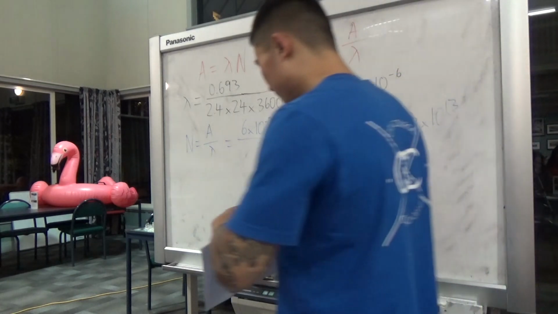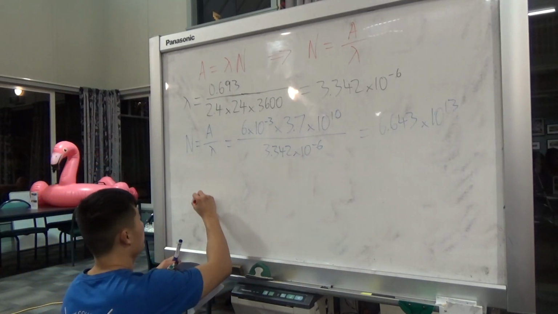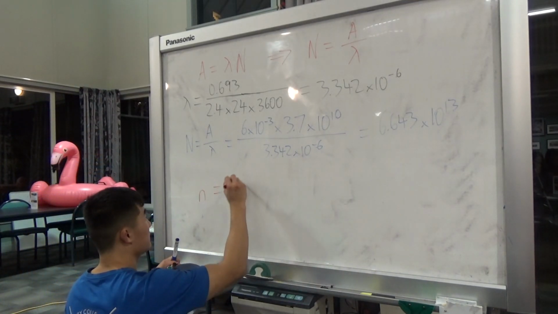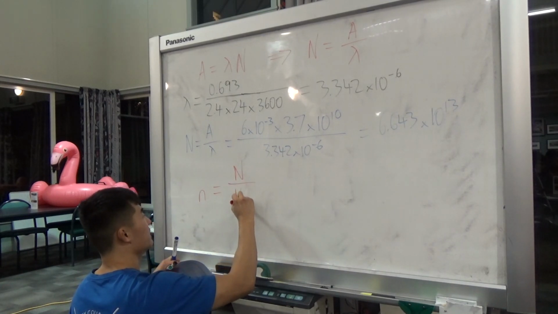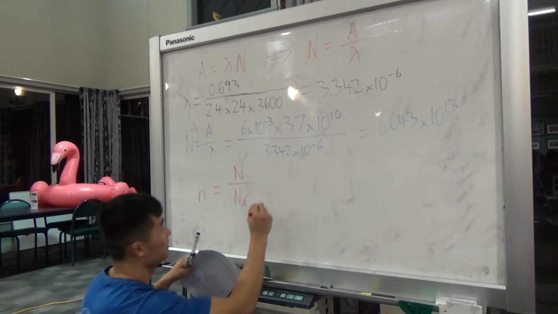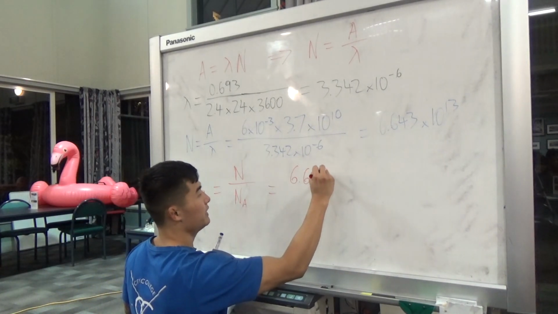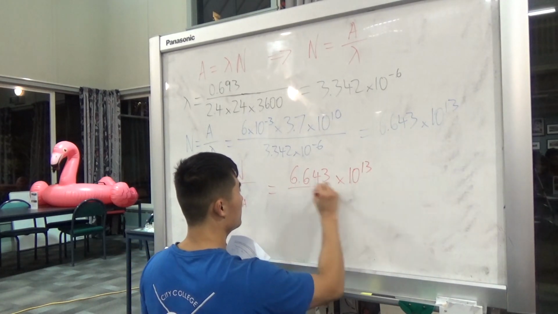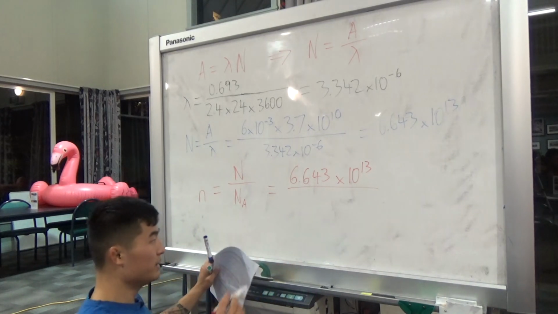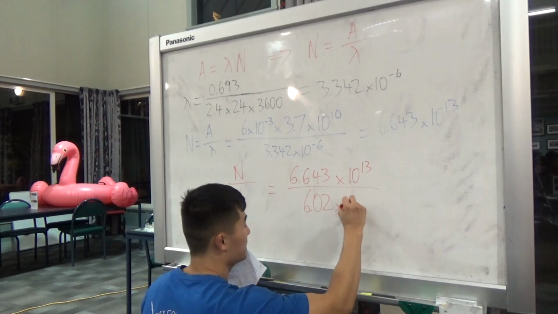Once you have that, you're going to find the number of moles. So the number of moles is the number of molecules divided by Avogadro's number. The number of molecules is 6.643 times 10 to the power of 13, and Avogadro's number is 6.02 times 10 to the 23.